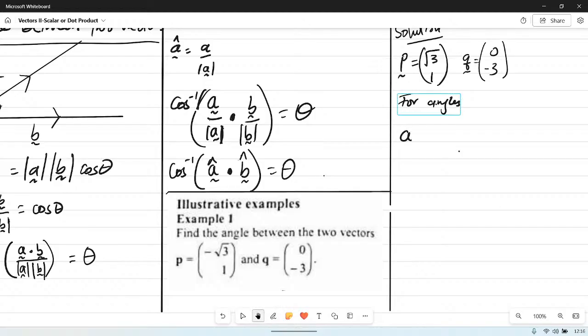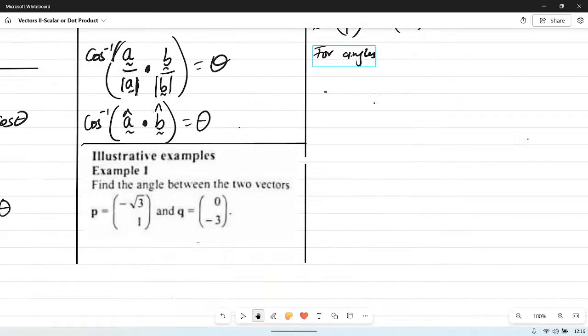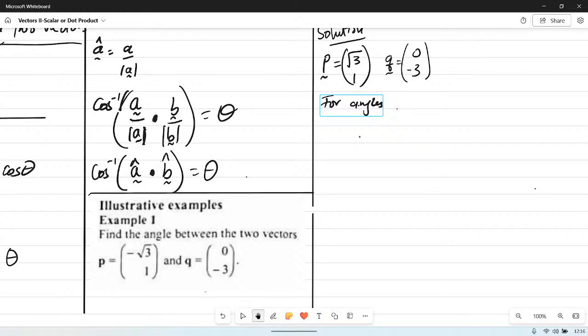P dot Q. If I say P and Q, so P dot Q, looking for the angle, right?